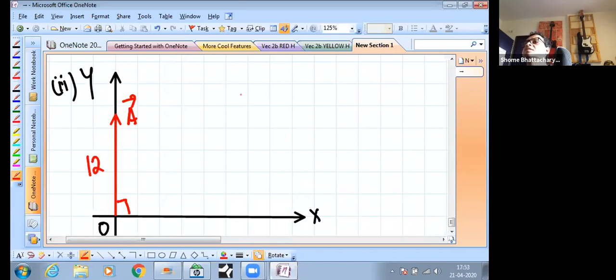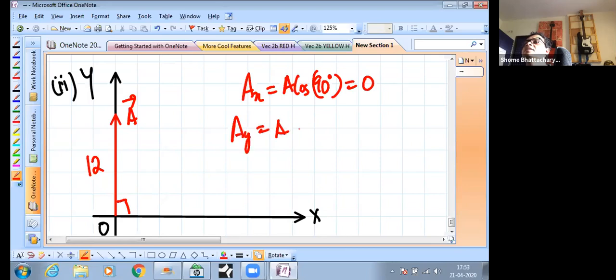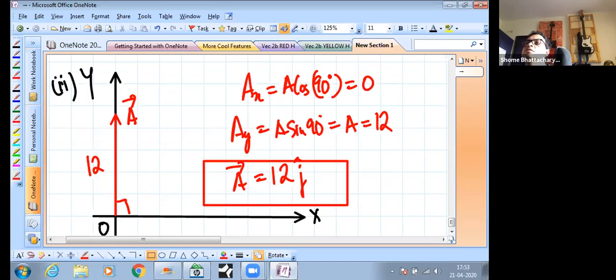So AX, which is A cos 90 degrees over here, is 0. And AY, which is A sin 90 degrees, is just A itself, which is 12. So the vector A is becoming 12 j cap. I hope I had taken the value 12 only, I don't remember, but whatever the value is, it will be just that many times j cap.